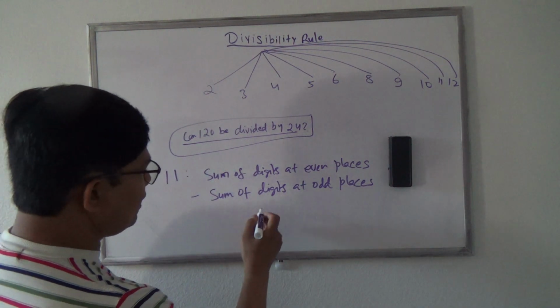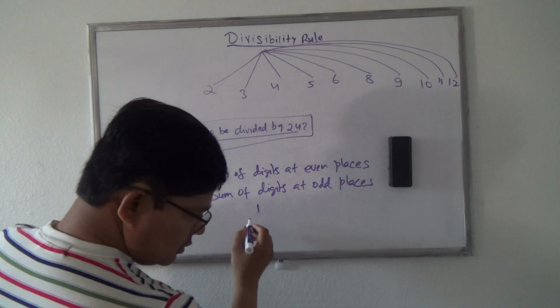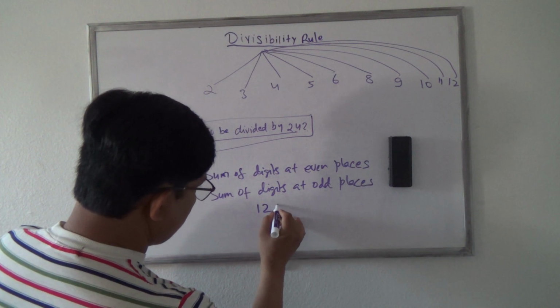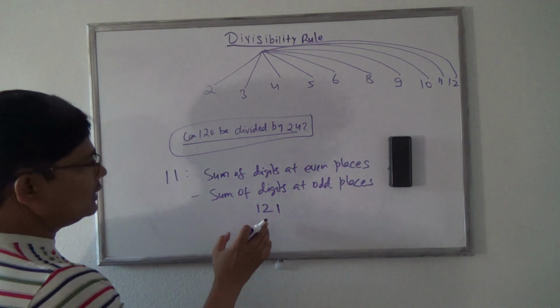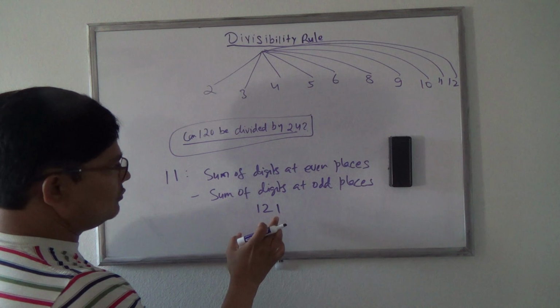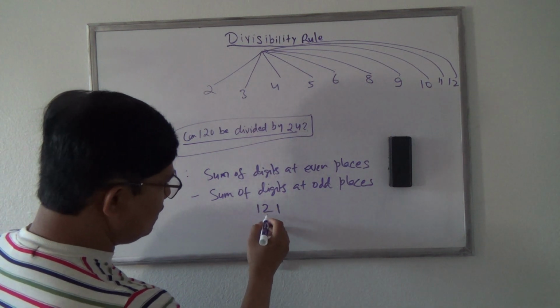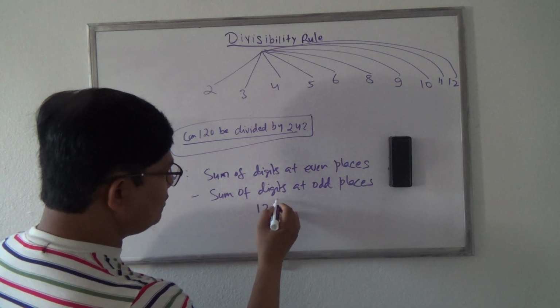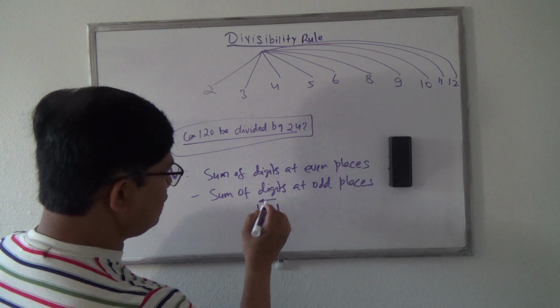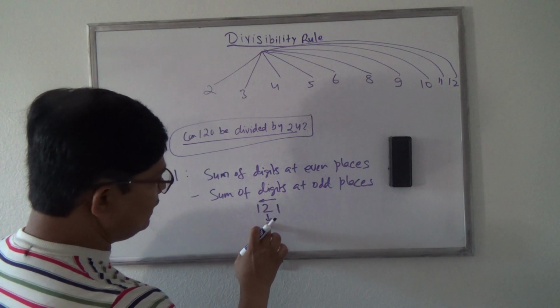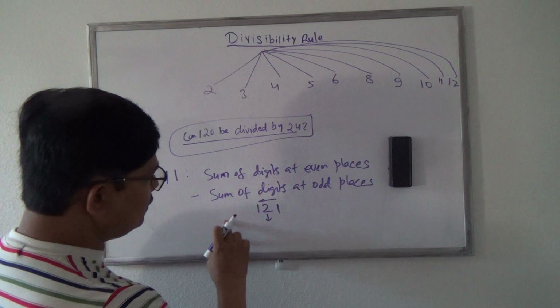So let's take an example. 121. So what is the sum of digits at the even places? Start from the right side. Okay. So 2 is at the even place, and there is no other number.